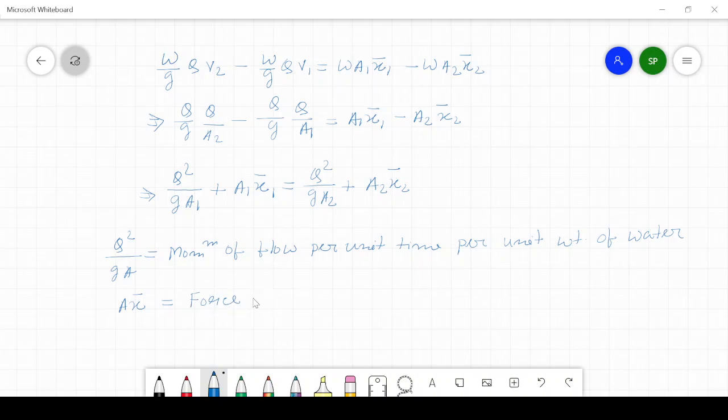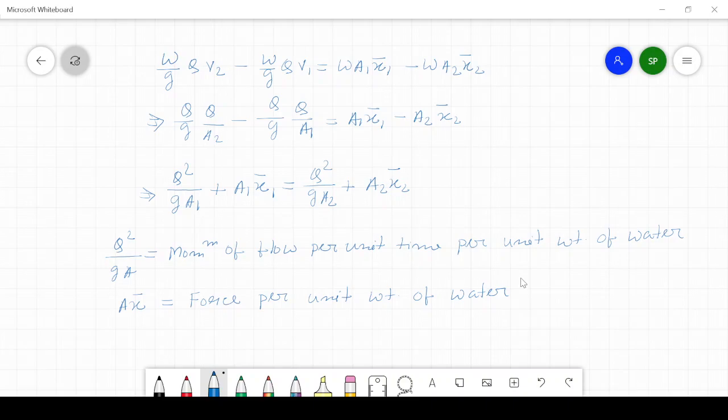If you say dimensionally, this is force per unit weight of water. The first term is momentum of flow per unit time per unit weight of water, and the second term is force per unit weight of water.